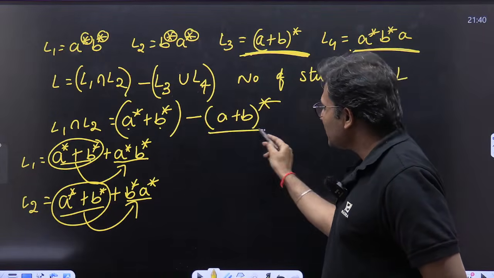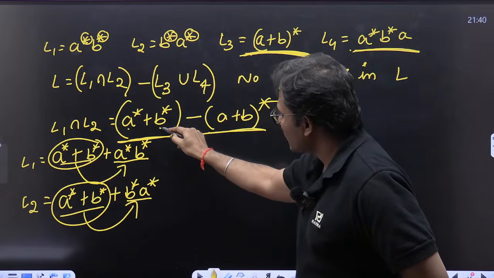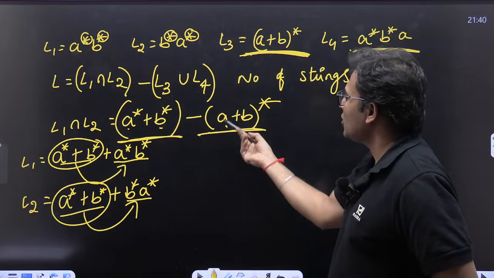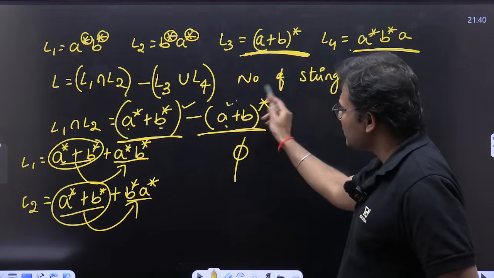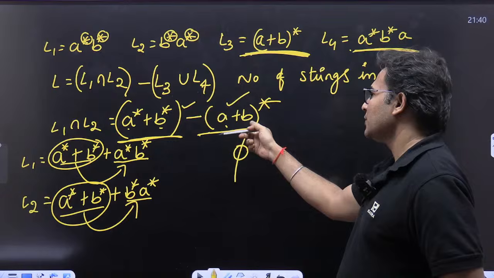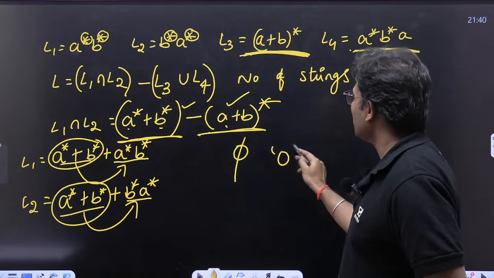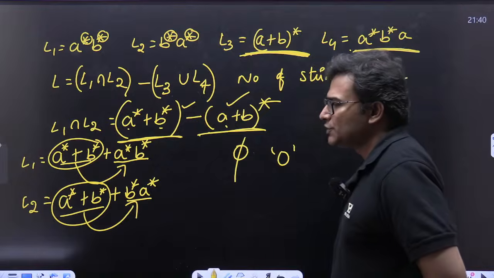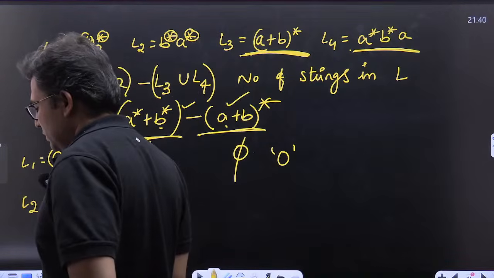This is a bigger set and this is a subset. From the smaller set, if you subtract everything that is there in the bigger set, you will get the empty set. So the language is empty. The answer is 0. Number of strings in this is 0.